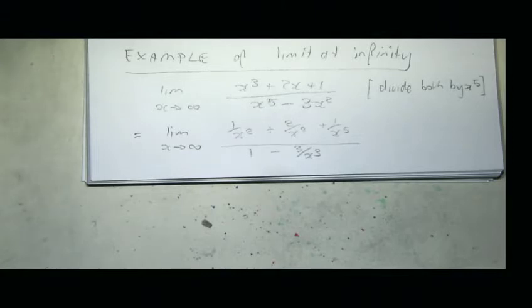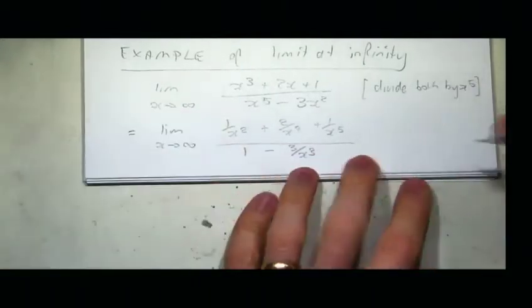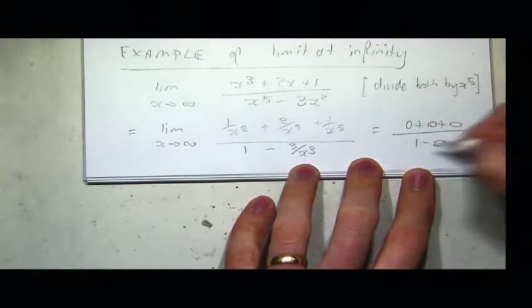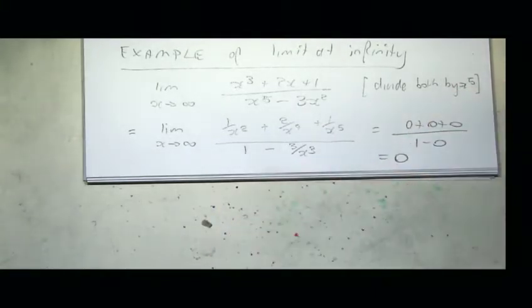And now, the limit of the top is 0 and the limit of the bottom is 1. So since the limit of the bottom isn't 0, I can just sub it in. Okay, each of those pieces on the top, the limit is 0. The limit of the bit with the x in it on the bottom is 0.